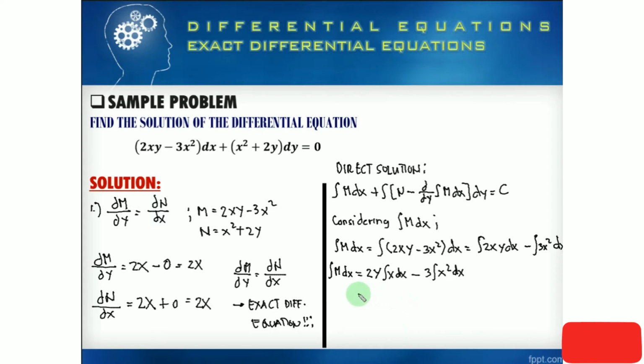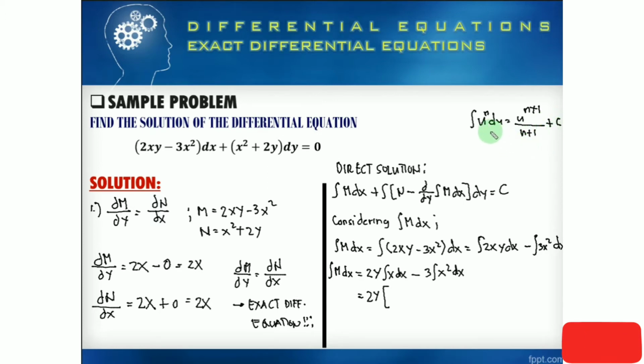So solving this one, we have here 2y, and then by property, try to remember this property: integral of u to the n du is equal now to u to the n plus 1 over n plus 1 plus your constant c.